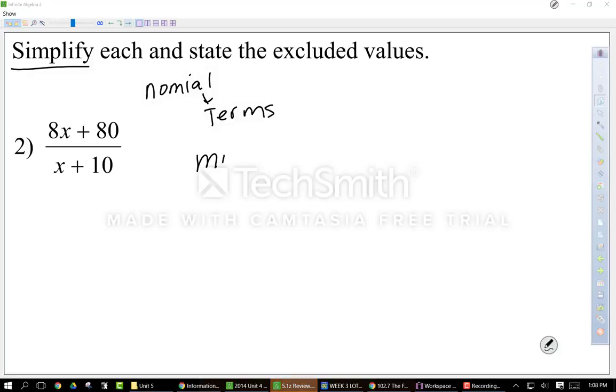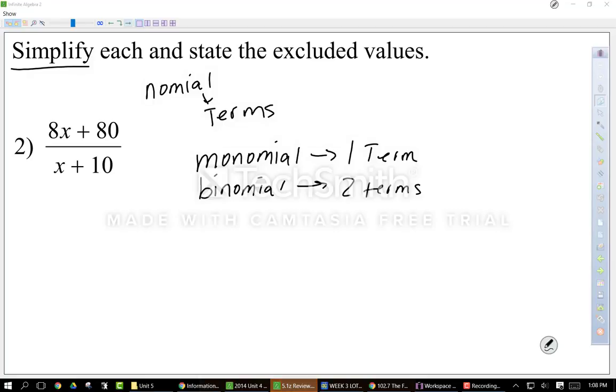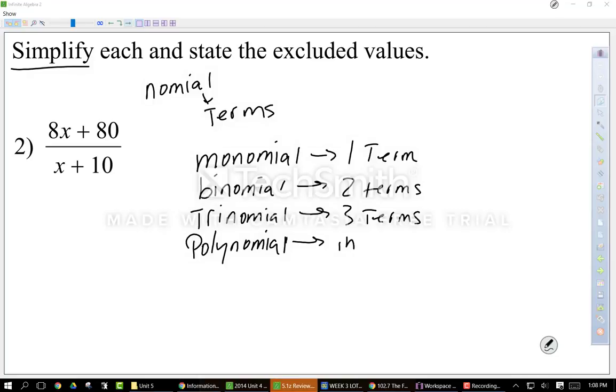A monomial means 1 term. A binomial means 2 terms. A trinomial means 3 terms. A polynomial just means many terms.